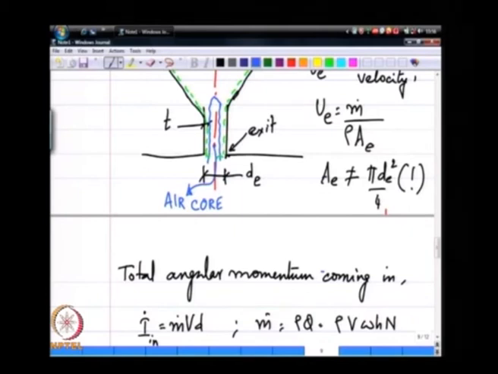So, this air core is primarily responsible for the cross sectional area AE not being equal to pi dE squared by 4. AE is the liquid exit area.